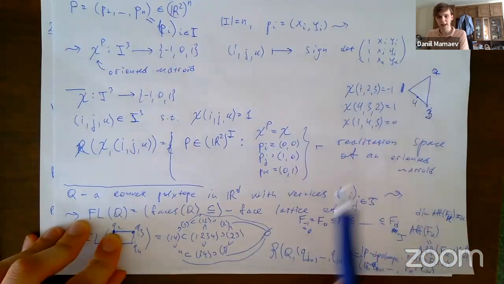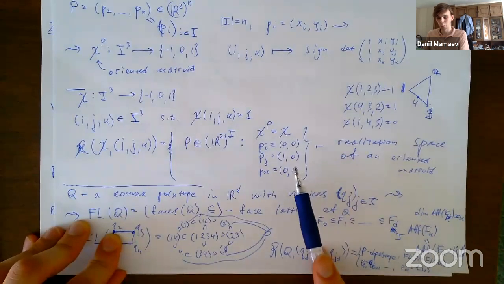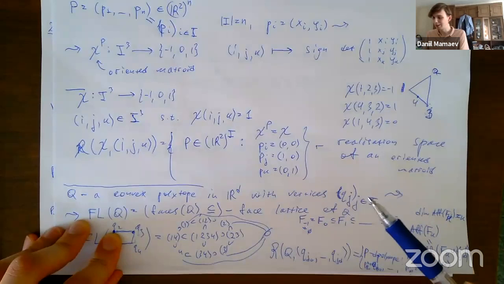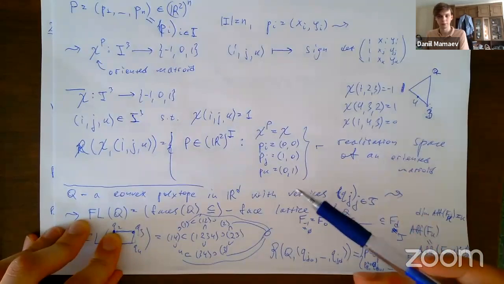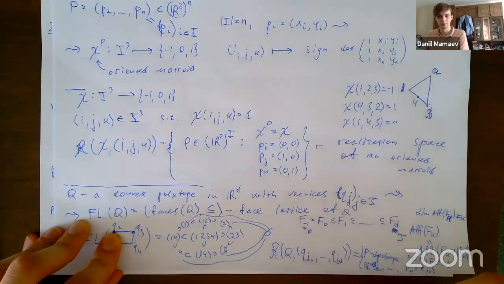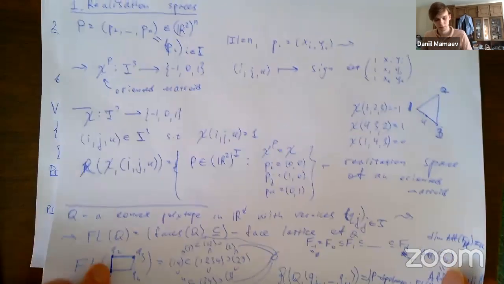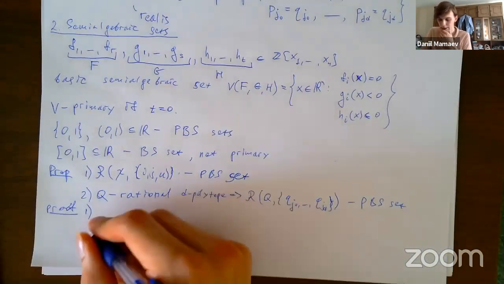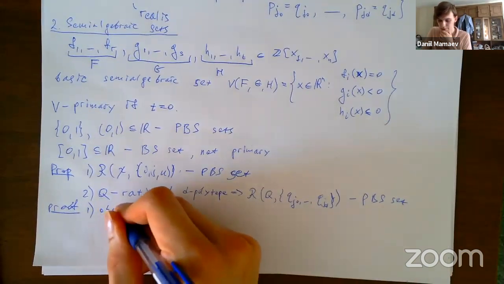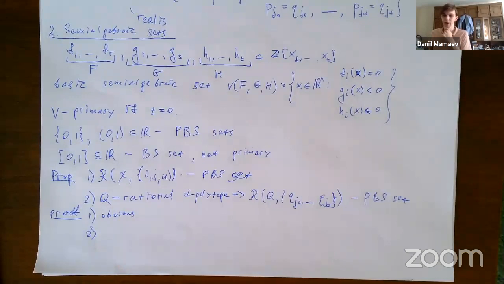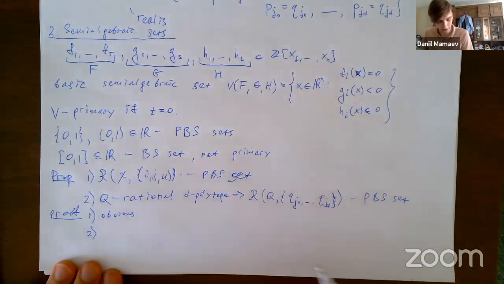So our realization space is given by equalities and inequalities. Yeah, it's obvious. For the realization space of a polytope, it's also not that hard.